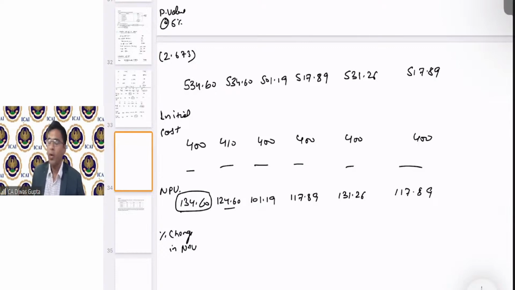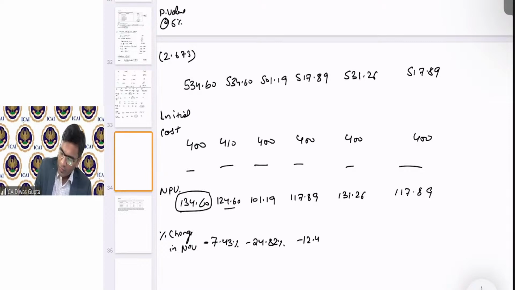This comes as minus 7.43 percentage. Next one comes as minus 24.82 percentage, minus 12.41 percentage, then minus 2.48 percentage, and lastly minus 12.41 percentage.